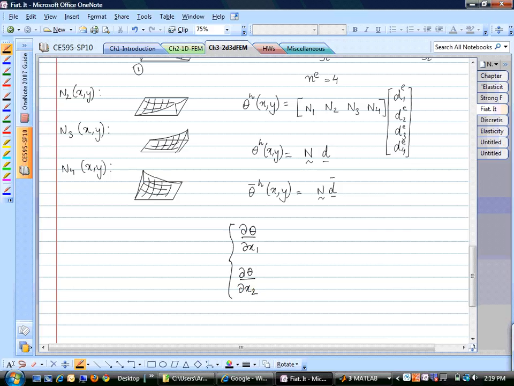This is the derivative of our temperature, so this is the temperature gradient that we are going to be approximating the same way.